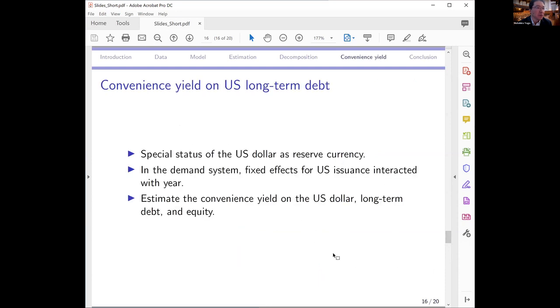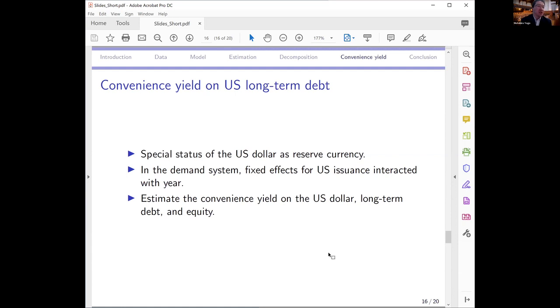Let me skip over, in the interest of time, the European sovereign debt crisis, and then focus on the specialness of U.S. assets. There's a fairly large and growing literature on the idea that U.S. assets are special, and as a consequence, there's a convenience yield on U.S. debt.